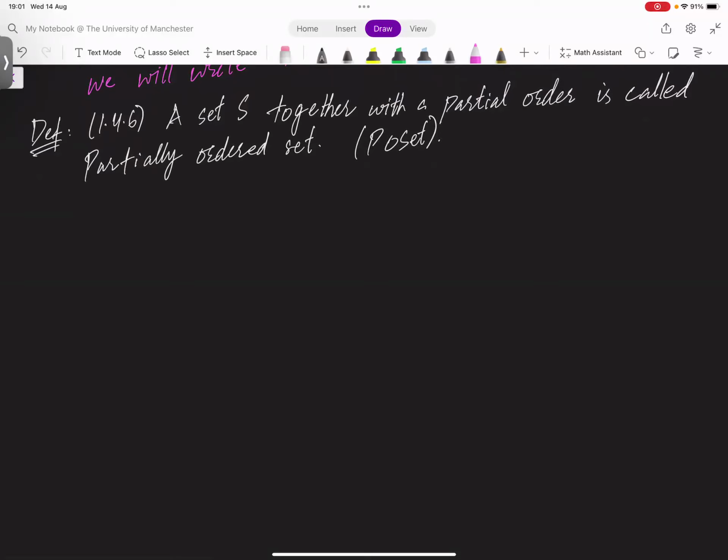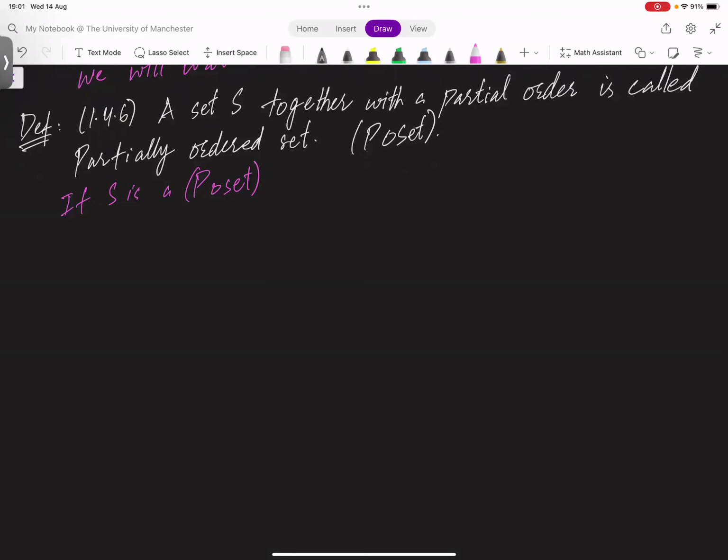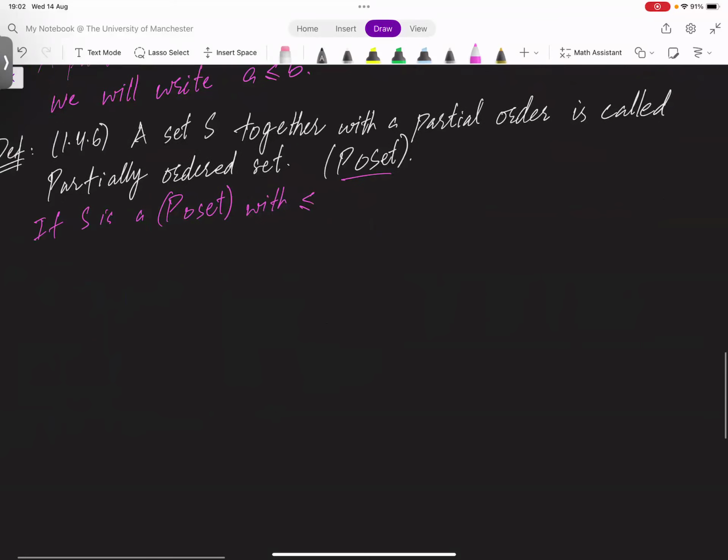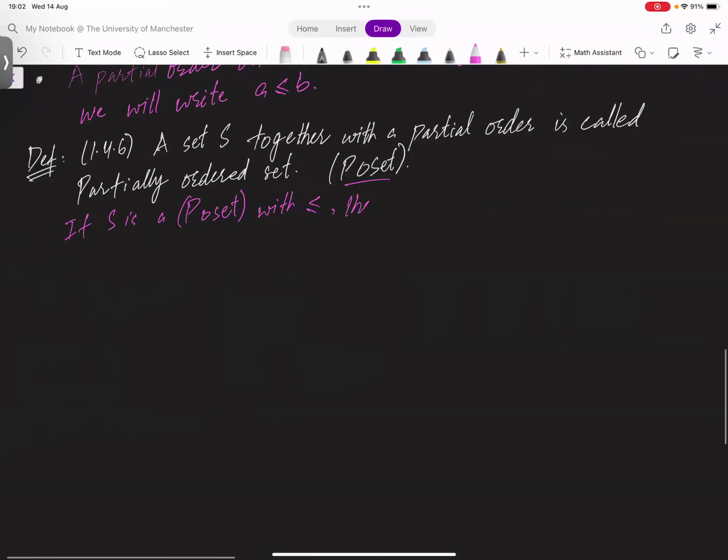Similarly, another notation point: remember this word, if any set S is a poset, then it is a partially ordered set with the partial order, and then we will write S like this.